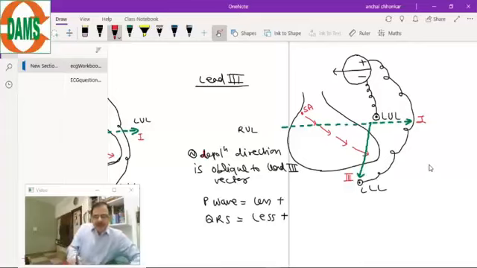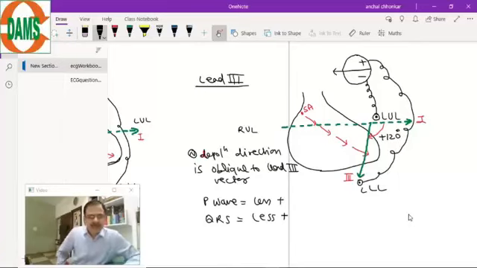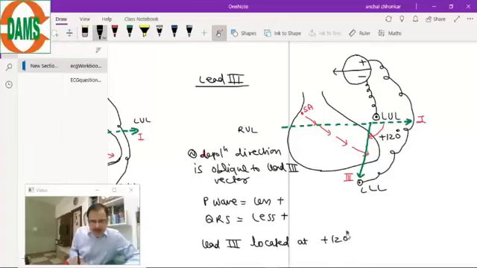So in relation to that 0 degree, lead 3 is at plus 120 degree. So lead 3 is located at plus 120 degree axis.